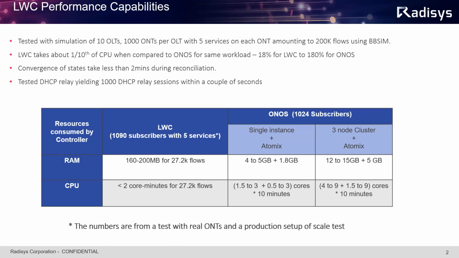And I believe those numbers on the right are taken from the single instance, one-to-one Voltha ONOS scale tests. So I think in that sense the comparison is fine, because we're talking one-to-one LWC to Voltha and one-to-one ONOS classic to Voltha. Correct. Because I recognize those numbers from the document I had.